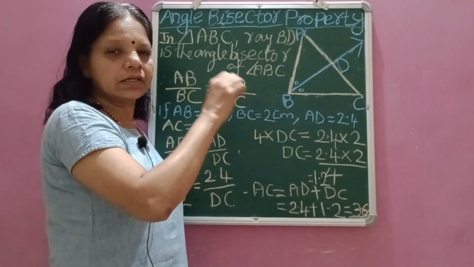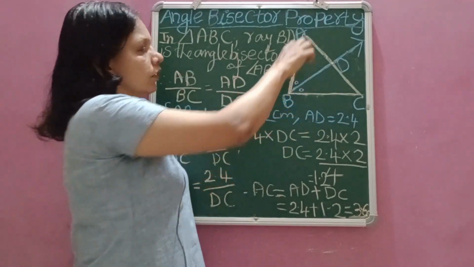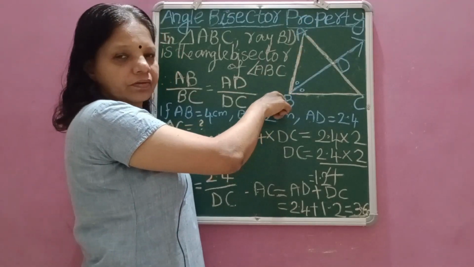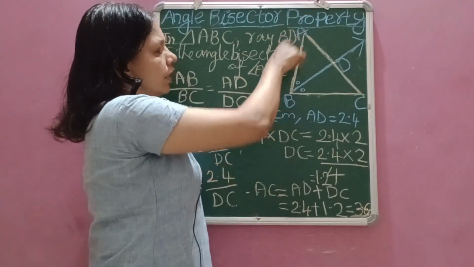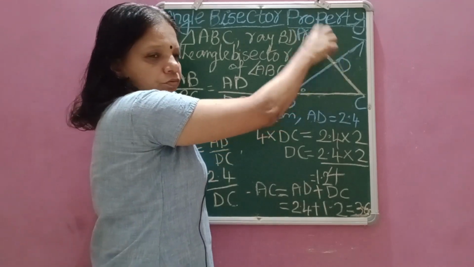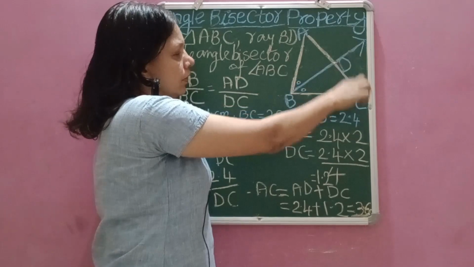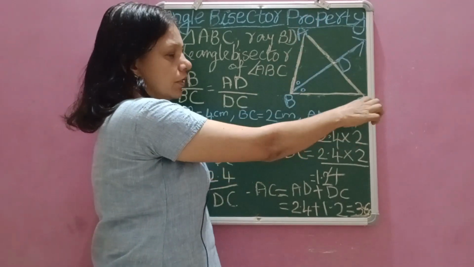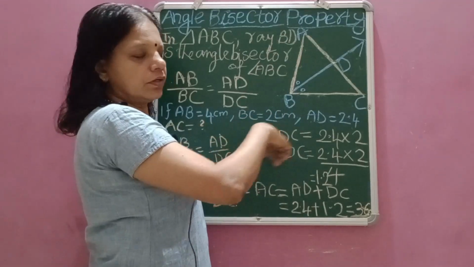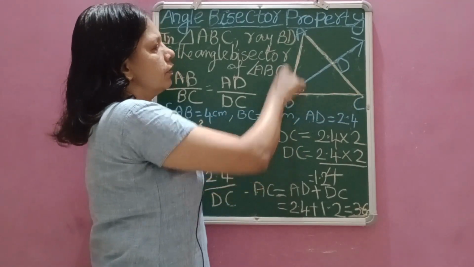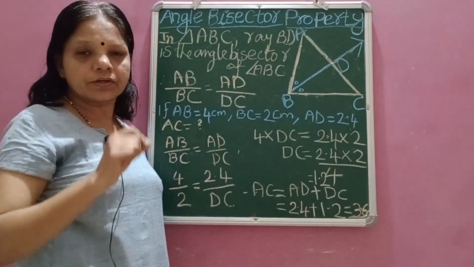You have to take them in the same order. If you take AD, you have to take AB, which is on that side of the bisector where this segment lies. So AD upon DC, then AB upon BC. You should not take BC upon AB. If you are taking CD upon DA, you have to take BC upon BA, in the same order.